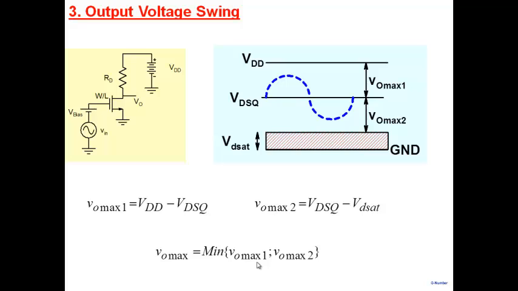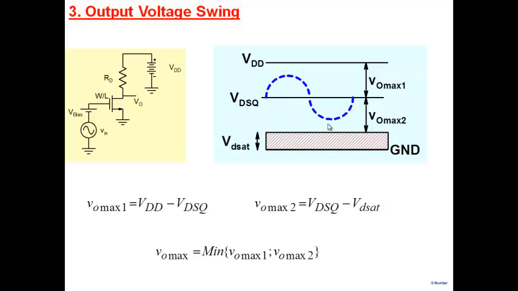Now, there is one limitation to this analysis, and we have done this for the common emitter as well. We know that if we use this particular expression, the prediction from this will not match with the experiments or with simulation. And what is missing here is the distortion. There's no discussion of distortion, except for the fact that if it enters this particular region, you'll start getting clipping and distortion.